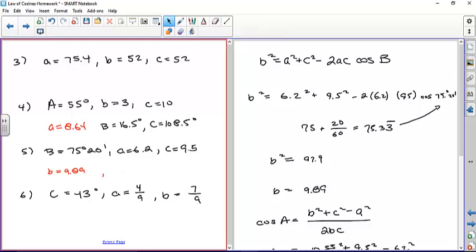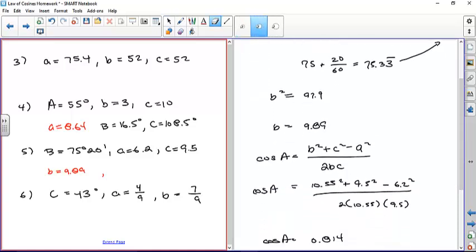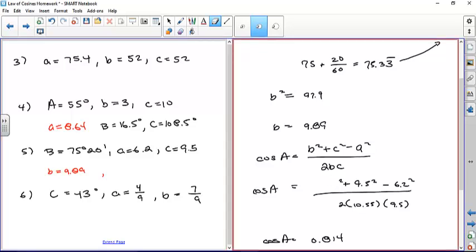Okay, so with B known, you can use the law of cosines or the law of sines again. So what I'm going to do is fix these numbers. So this should be 9.89, and this should be 9.89.